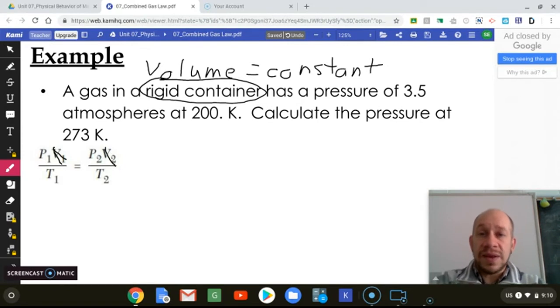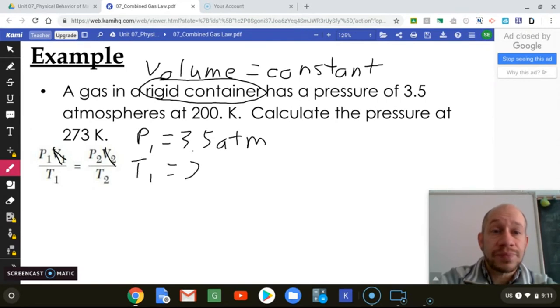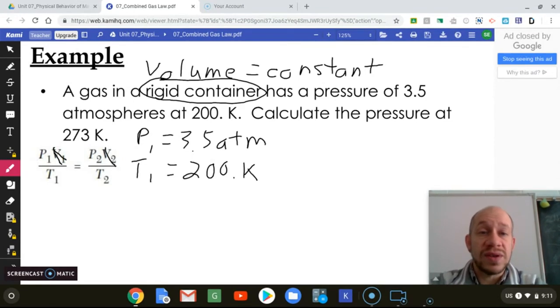The next step is you probably want to list everything that you have been given in the formula. If I'm starting at 3.5 atmospheres, that's going to be my P1. It's equal to 3.5 atmospheres. And I'm starting at 200 Kelvin. So those are my two initial values.